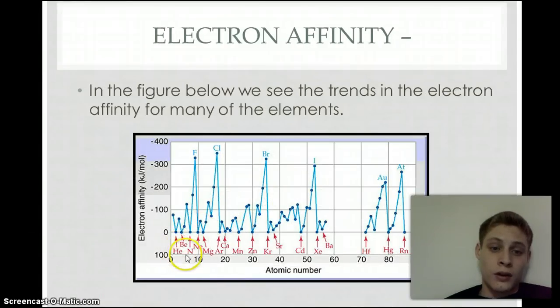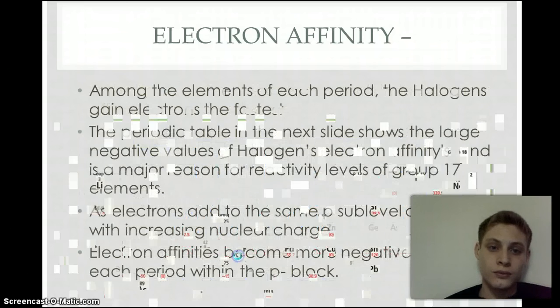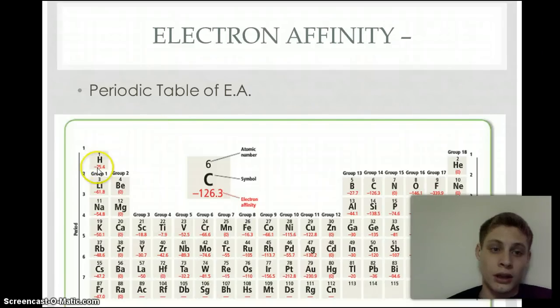See, nitrogen at 0, and this right here at about 126 would be the carbon. So it starts all the way from the first atom, which would be hydrogen, right here, and goes back up to 0, to helium, and so on and so on. There's hydrogen at negative 75.4, then back up to 0, and there you go.